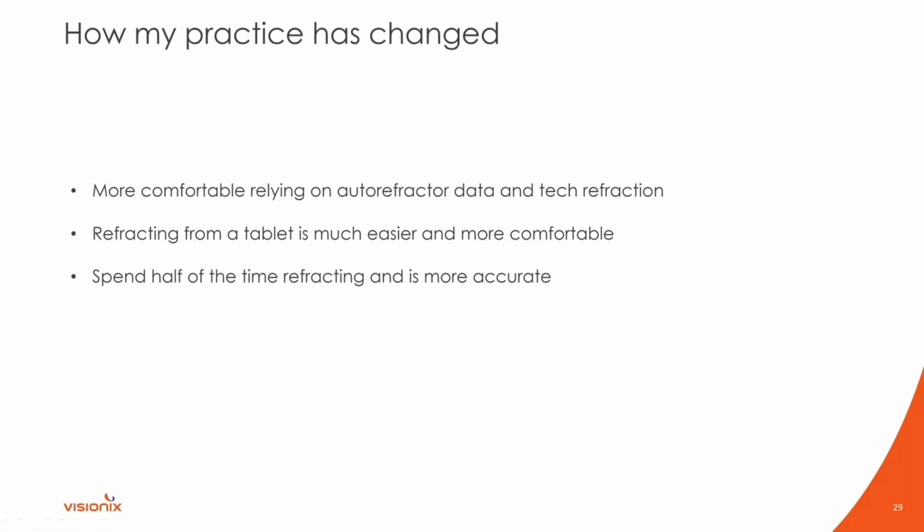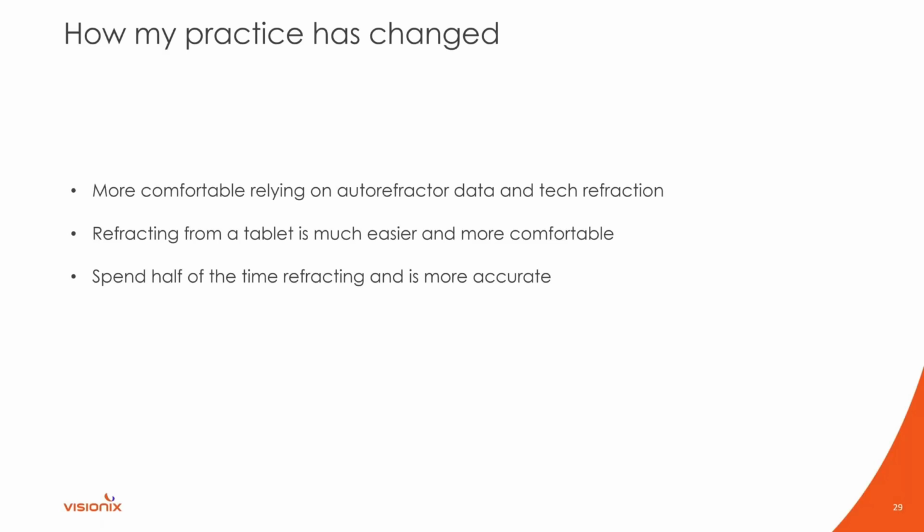We're able to eliminate a lot of human errors. How many times have we gone from the autorefractor, thought we were inputting correctly into the EHR or writing it down, and somewhere along the way accidentally transposed an incorrect number or sign, and we have remakes? This has been an amazing opportunity to reduce our remakes with our glasses.